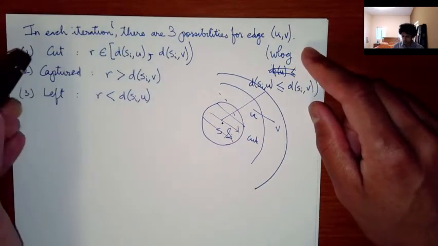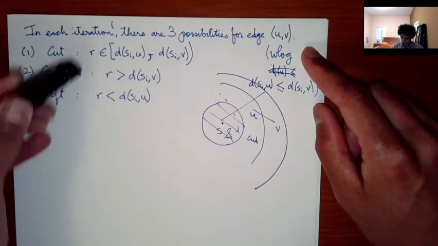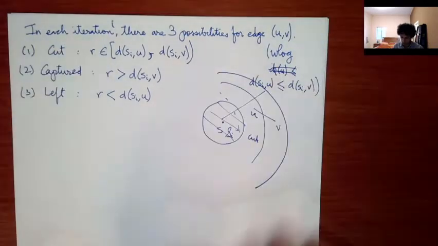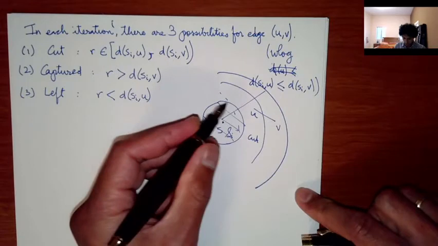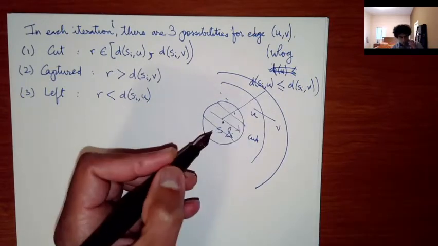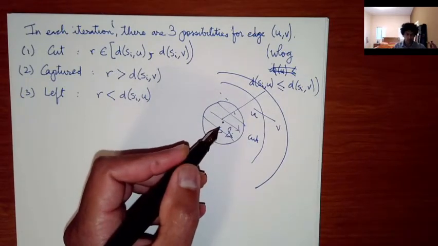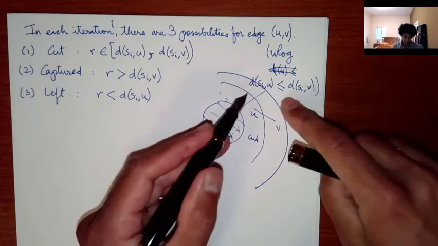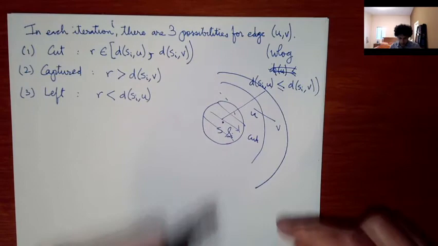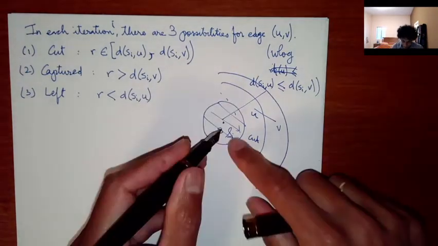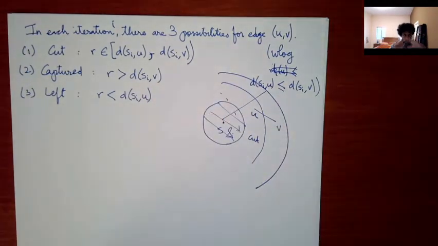It's either going to be cut, captured, or left, depending on where r lies with respect to these things. Here's the cartoon picture. R could be less than d_u, in between d_u and d_v, or more than d_v, where d_v means d_Si(v). If it is captured, then Si contains the entire edge.